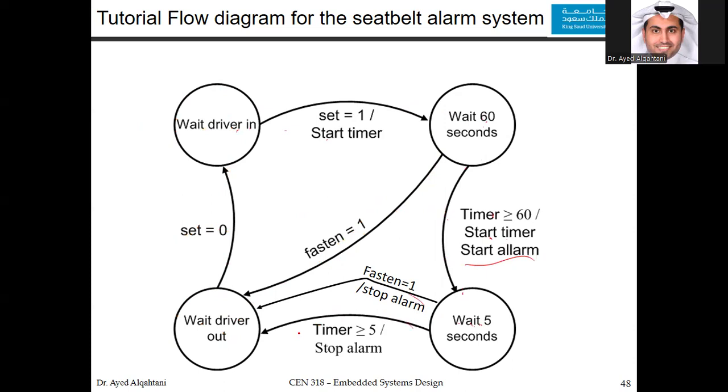They come while you are thinking about the flow diagram. For example here, it's actually based on the inputs: for every state, worry about both inputs. Here, if we have a driver, then the sit changes. If the sit changes, you go here. If it didn't change, meaning the sit is equal to 0, you go back to the same state.